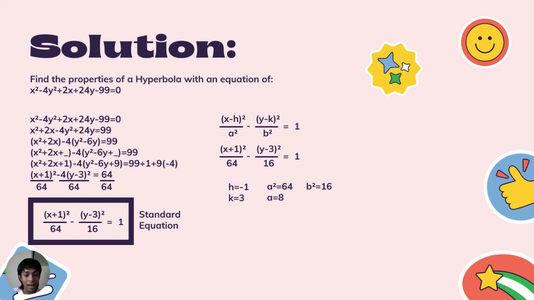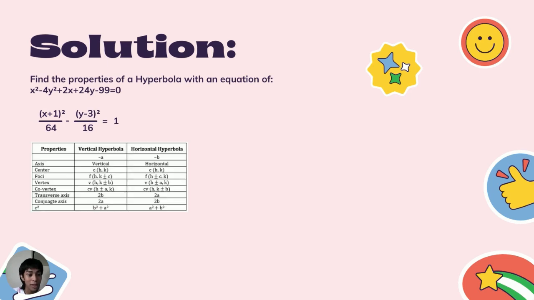The value of b is the square root of 16, so b is equal to 4. Finding these, we already have these values except for c, so we will have to find c so we can continue finding the other properties.